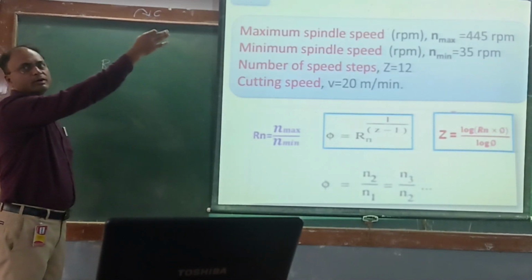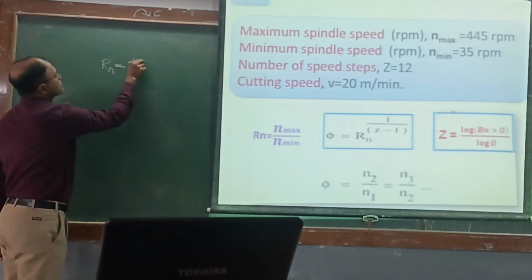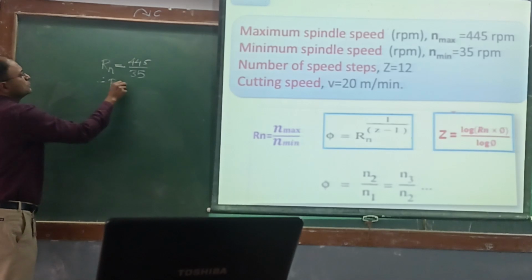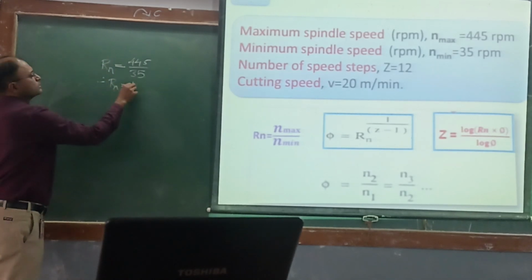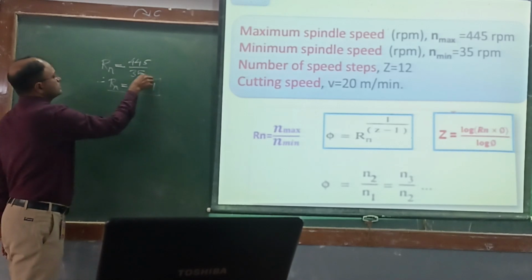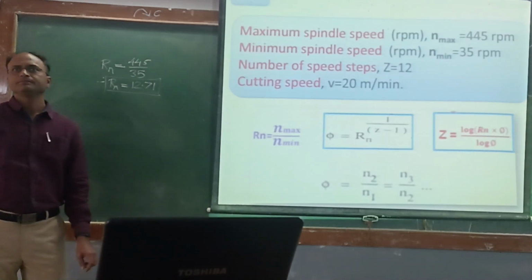N max is 445 upon 35. Therefore, Rn is equal to 12.71. This is the range ratio Rn.